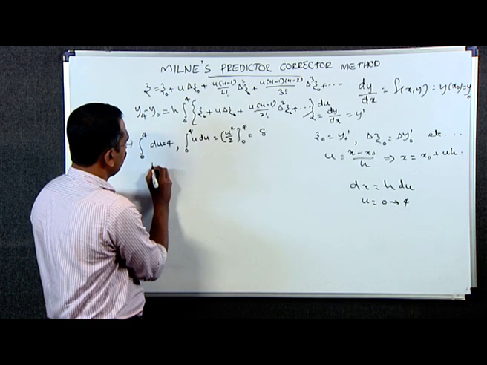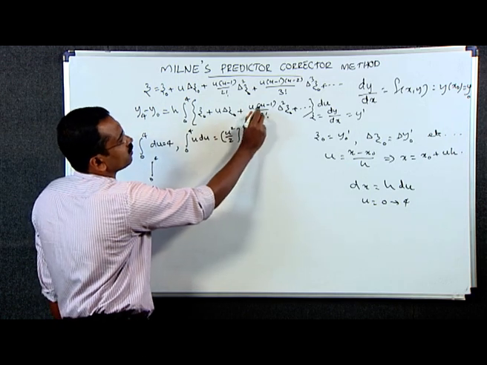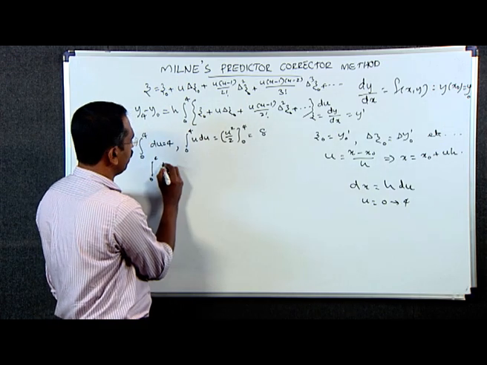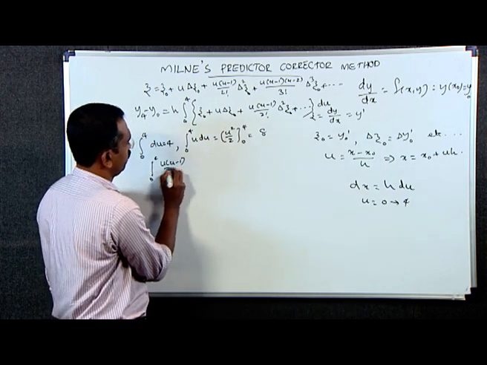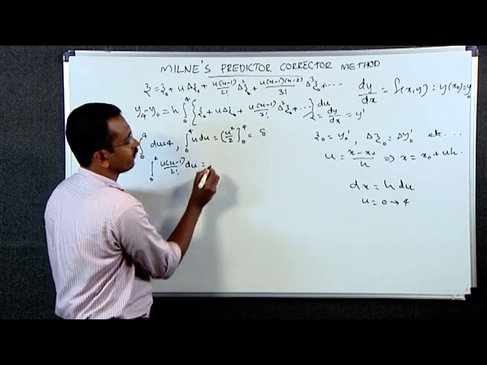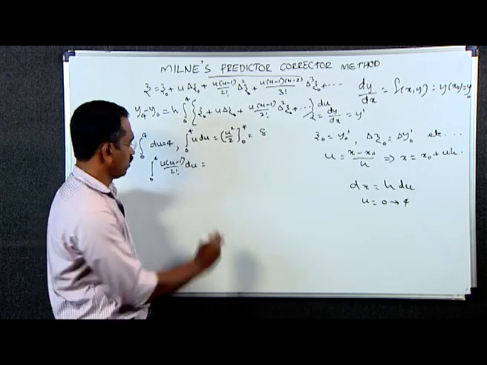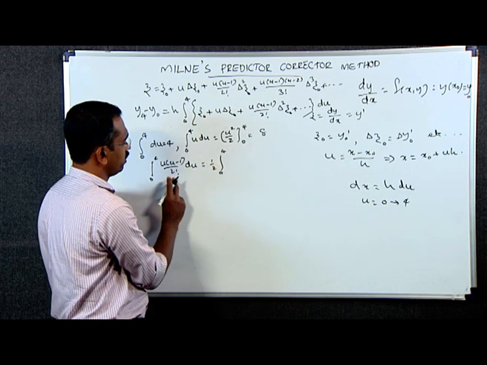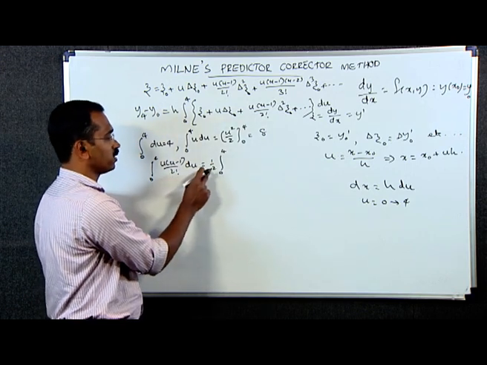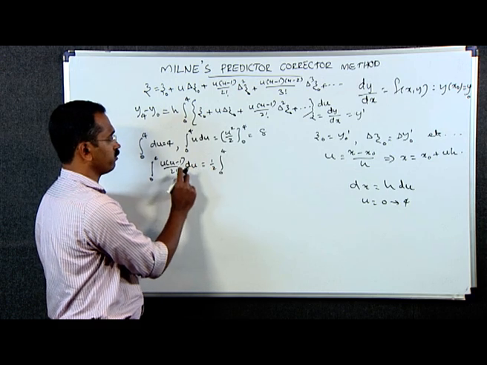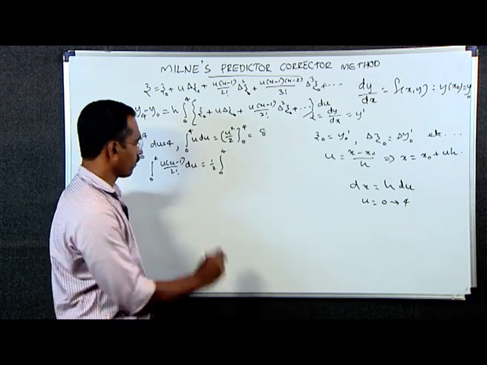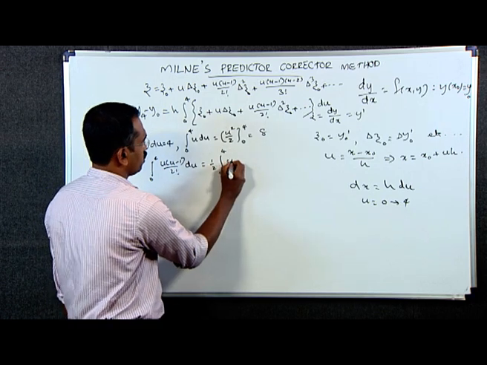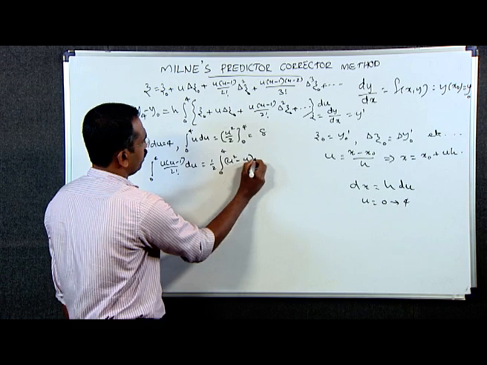Integral from 0 to 4 of u into u minus 1 divided by 2 factorial du is equal to 1 by 2 into integral from 0 to 4 of u square minus u du.